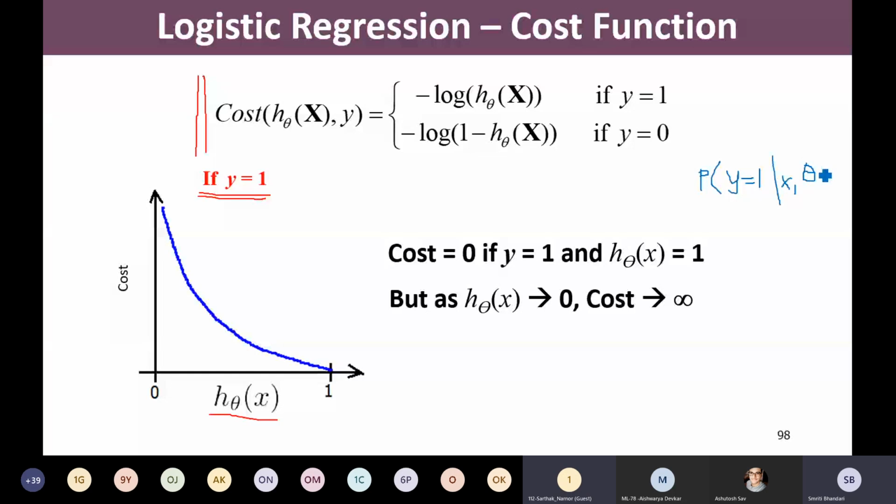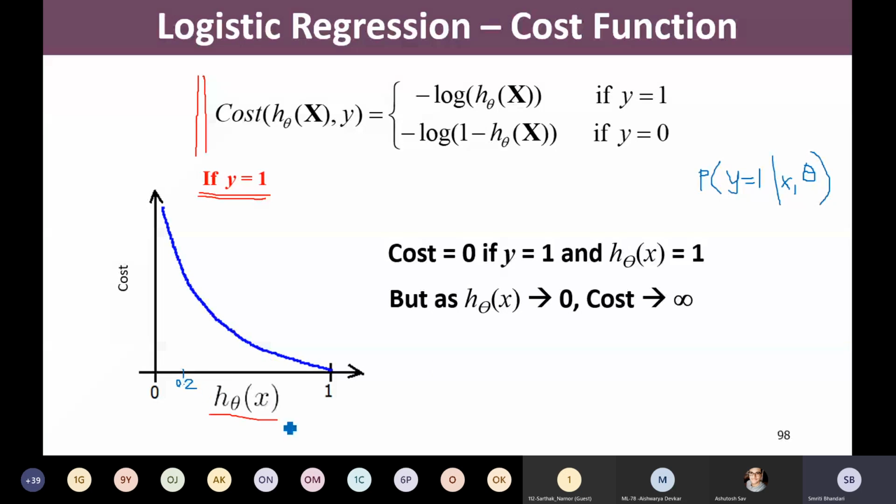So this is what our hypothesis is giving us, the probability that the class y is equal to 1 given some x. That is how we can interpret our h theta x. So if my h theta x is giving me a probability, say 0.2, how am I going to interpret this?